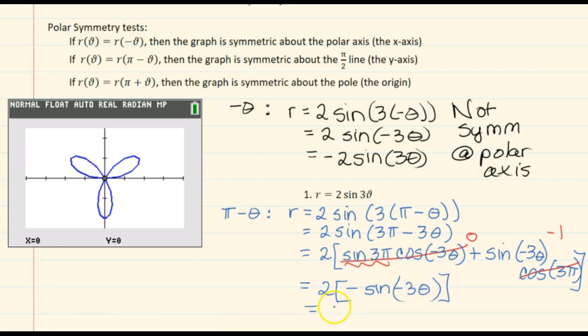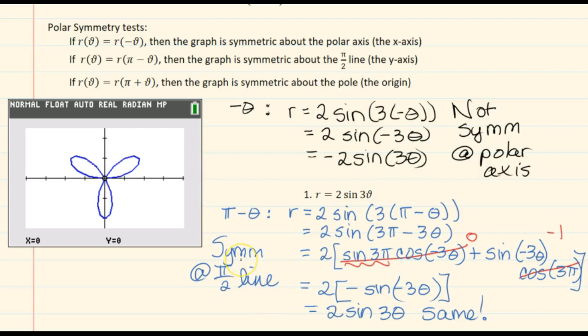But we also know that if the angle is negative, then the sine is negative. So I'm going to change that to a positive. So it'll be 2 sine of positive 3 theta, which is actually the same as our original equation. So since it is a true statement, we find that this graph is symmetrical about the pi over 2 line, or the y-axis. And we can see that in our graph as well.